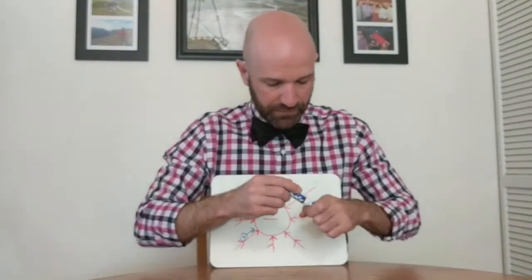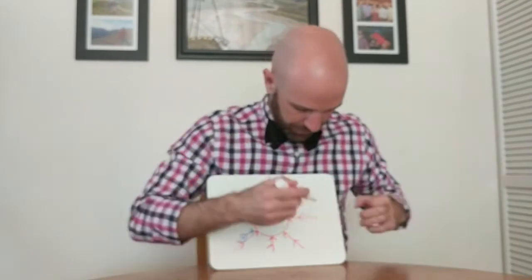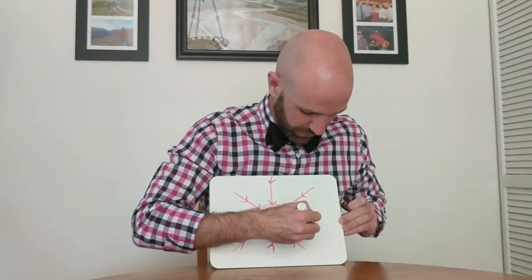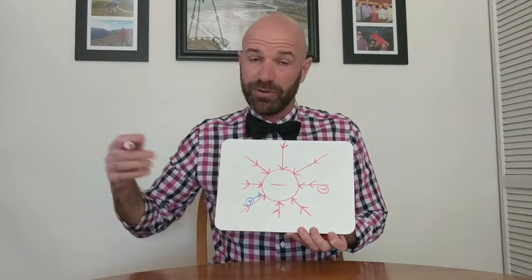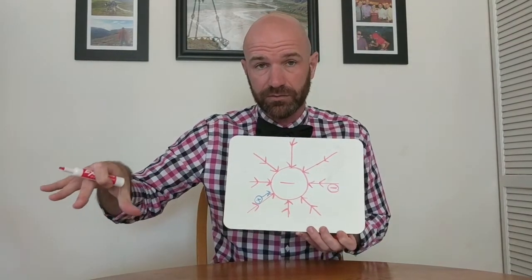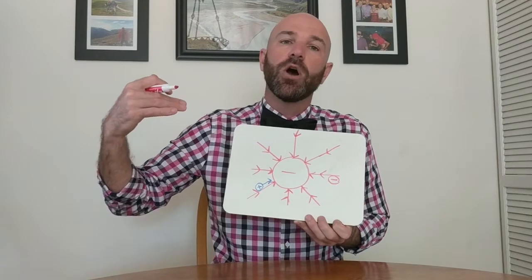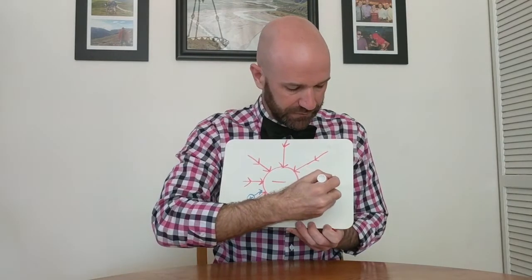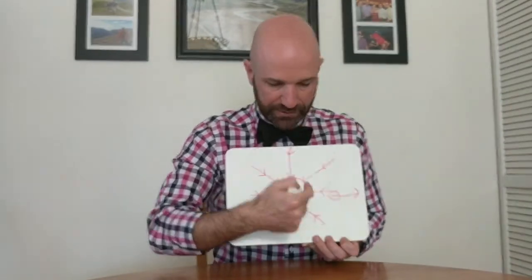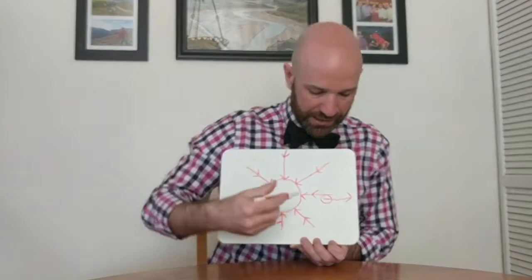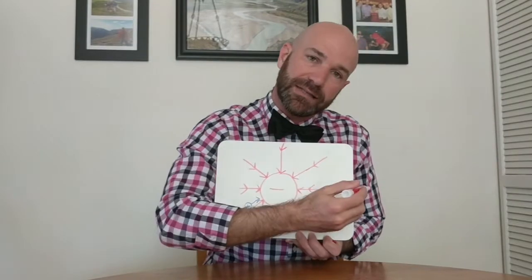And vice versa. If I put another electron here, negative charges when placed in an electric field always go against the electric field lines. Since the electric field line is pointing that way, the electron will go against it.